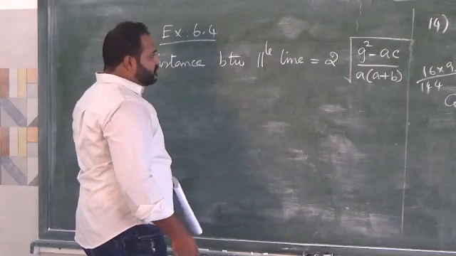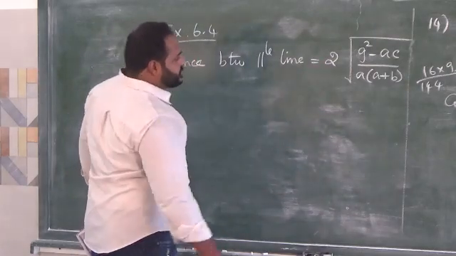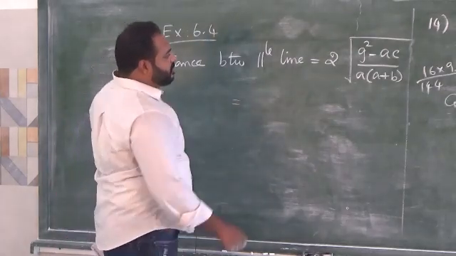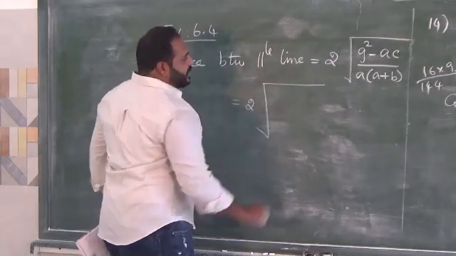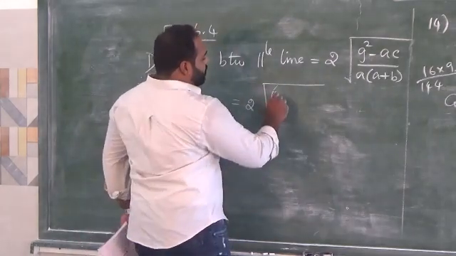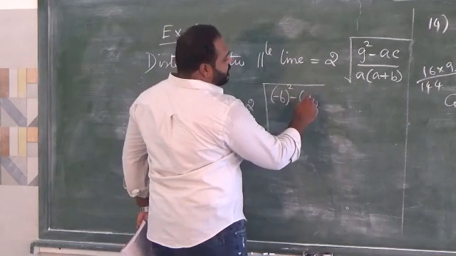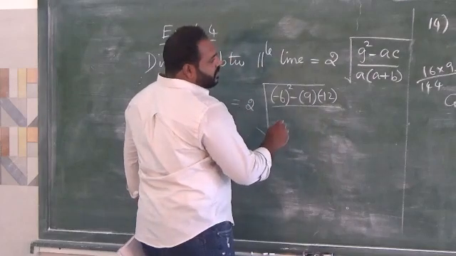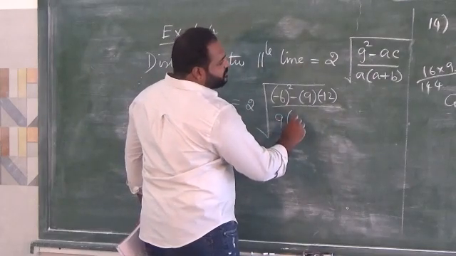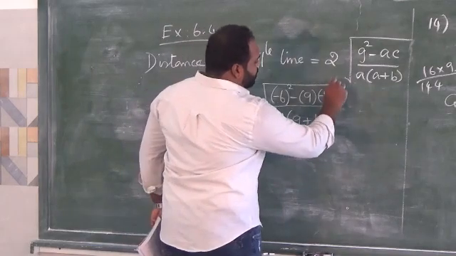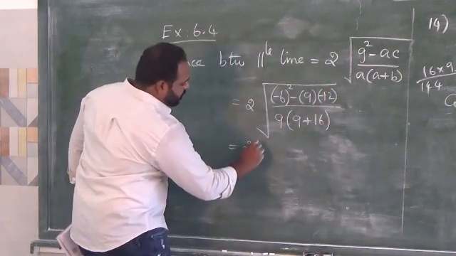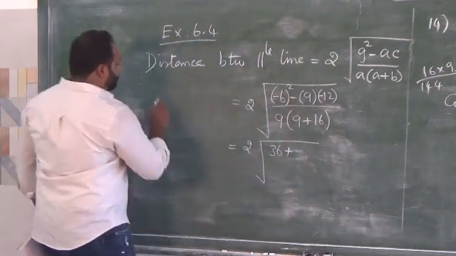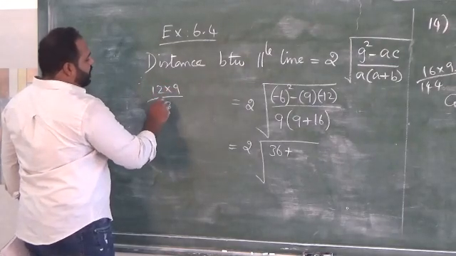Now directly we can apply the values: g square is minus 6 square, minus a into c, which is minus 12, divided by a value 9 into a plus b, 9 plus 16.